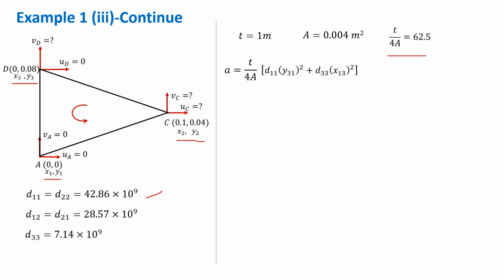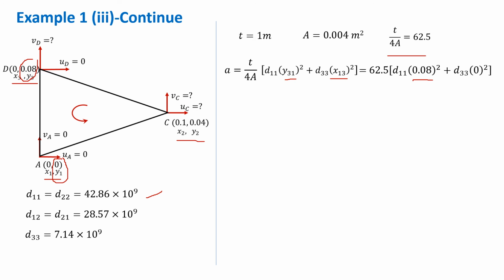For instance, for the first term A, in this case, we have to determine the values y31 and x13 in the first place. In this case, y3 is equal to 0.08 and y1 is equal to 0. Therefore, y31 is equal to 0.08 minus 0 equal to 0.08.